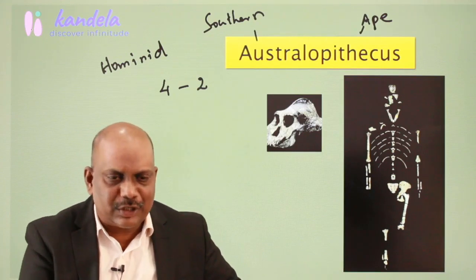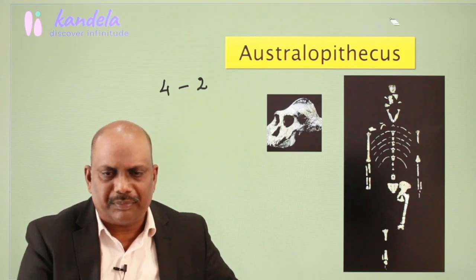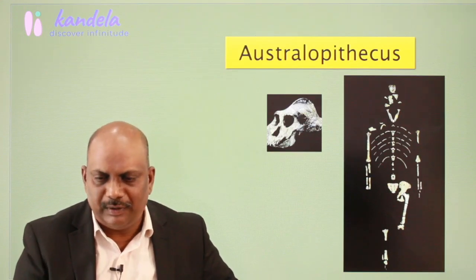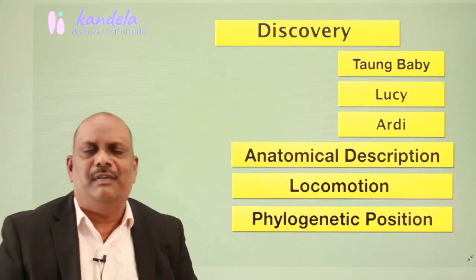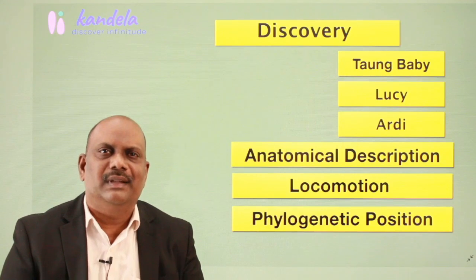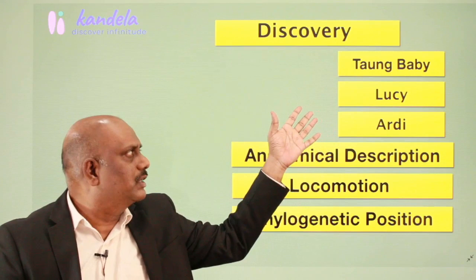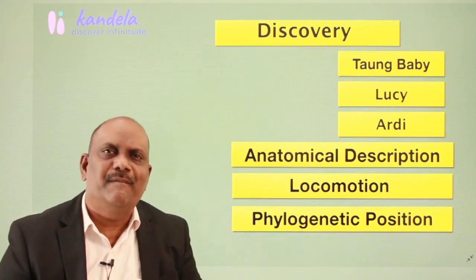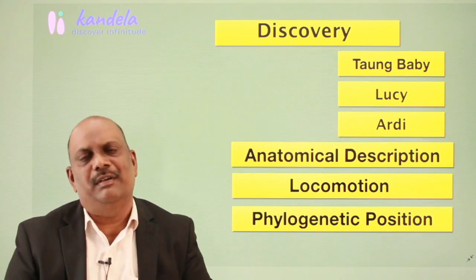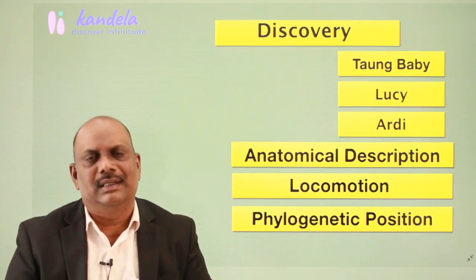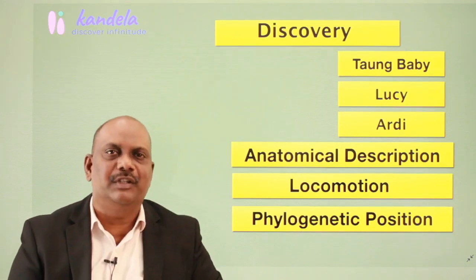In this lecture, let us discuss the following things. The discovery of Australopithecus: the very famous discovery of the Taung baby, the Taung child, the discovery of Lucy, the discovery of Ardi. Then the anatomical features of Australopithecus, its anatomical descriptions, the cephalic features, post-cephalic features.